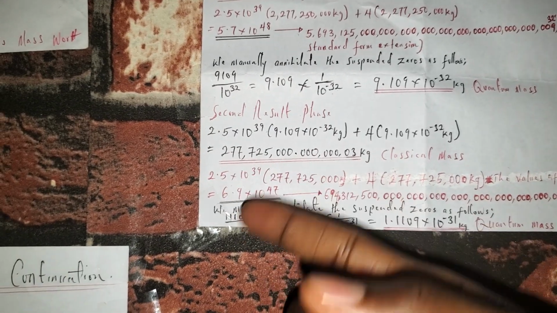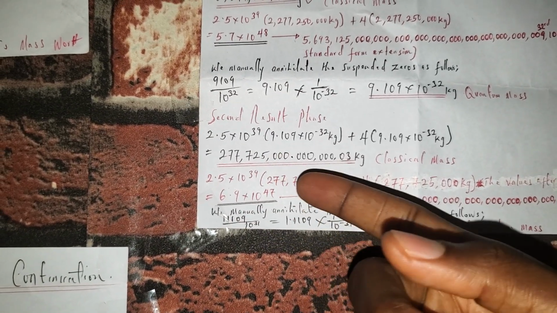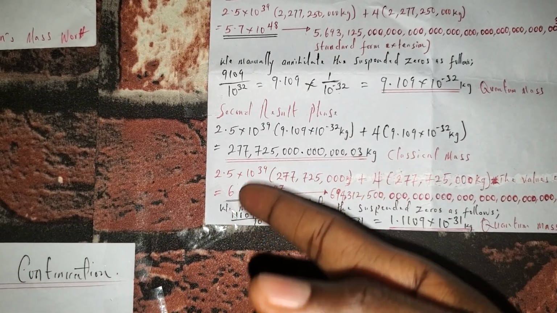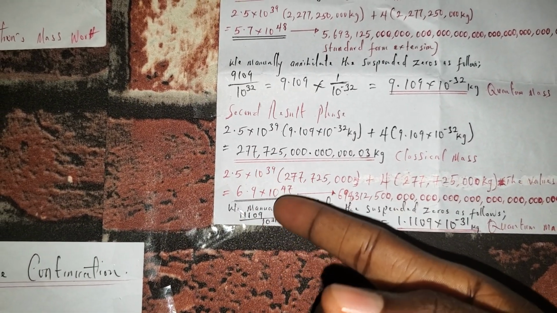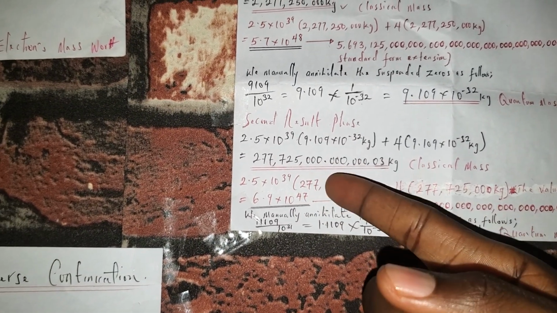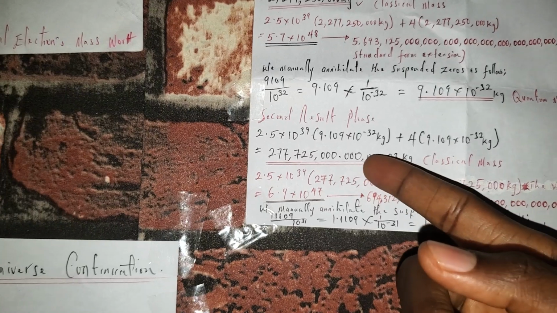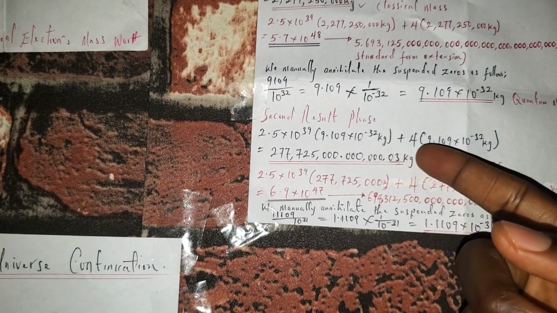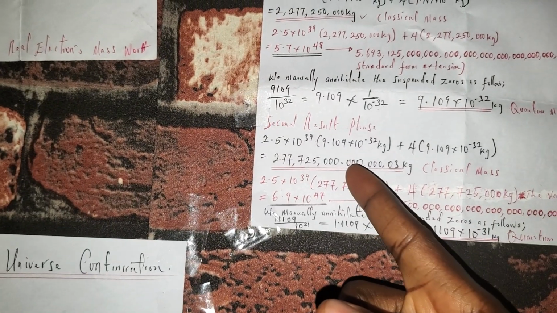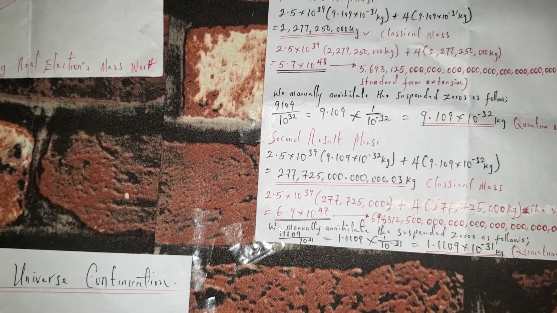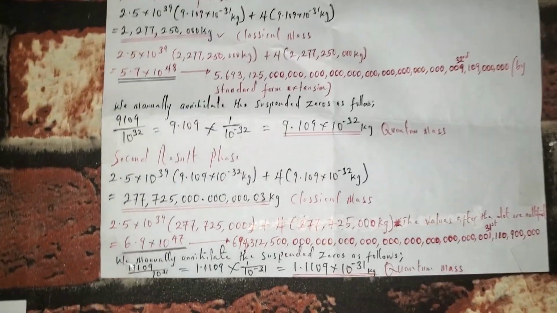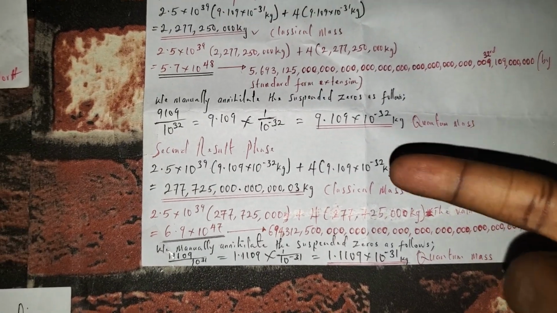So instead of getting 2,277,250,000 kilograms, we now have 277,725,000 dot 00, 703 kilograms. So now we can actually get rid of these dot zeros, because it is insignificant for us to track deep into the black hole.